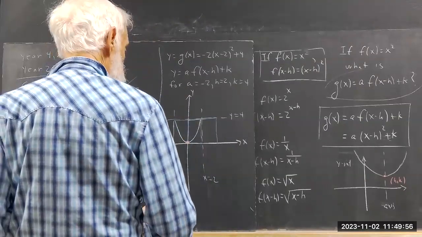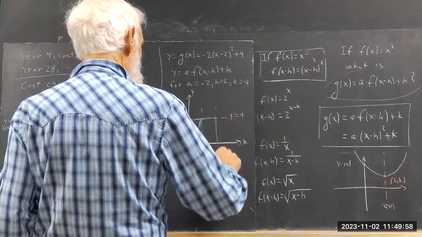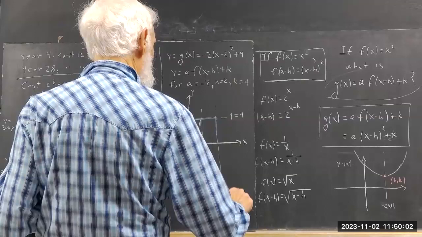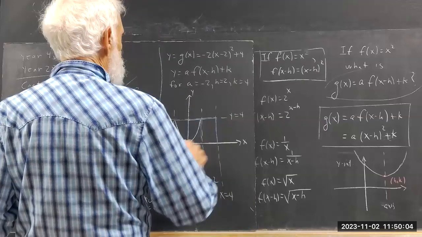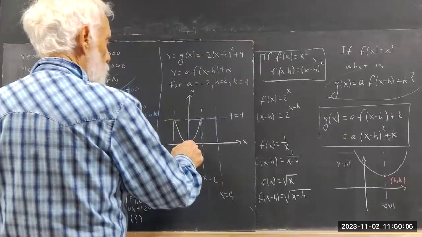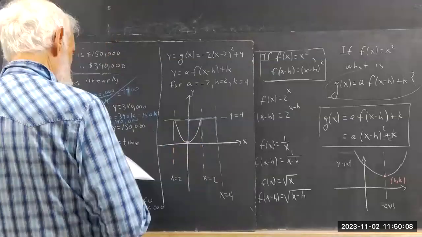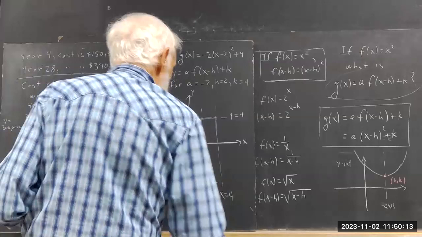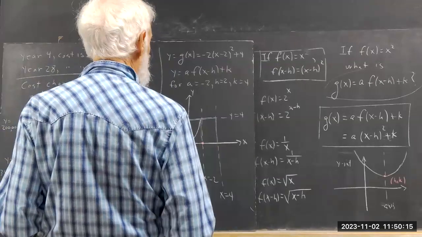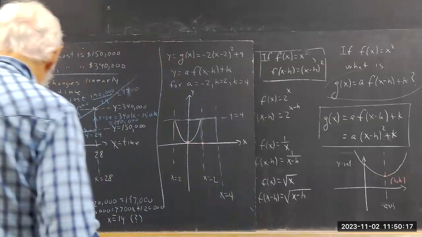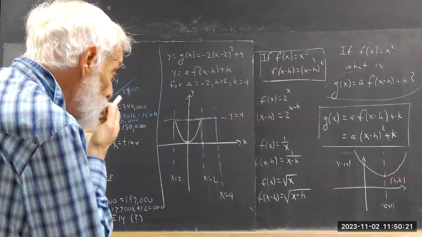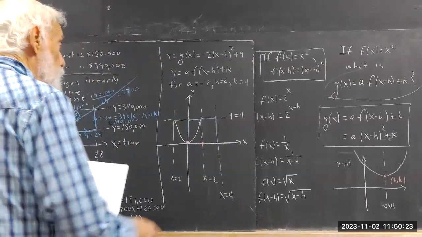And now we have x equals 2 here, but that is exactly where the dot is going to go in this case. So our red dot's going to go here. Okay, well, that's what would happen if we didn't have to apply the a.